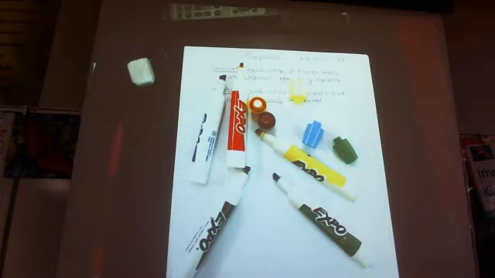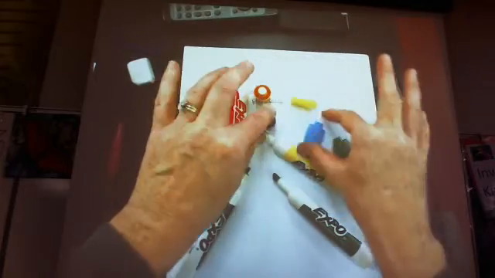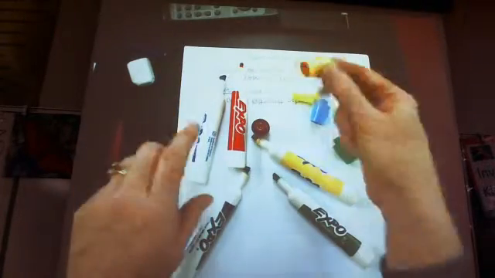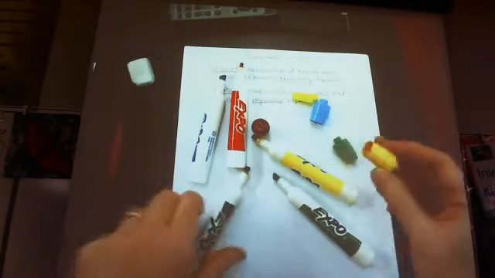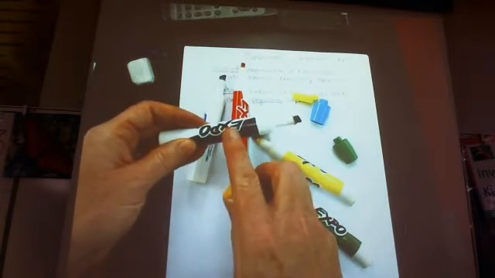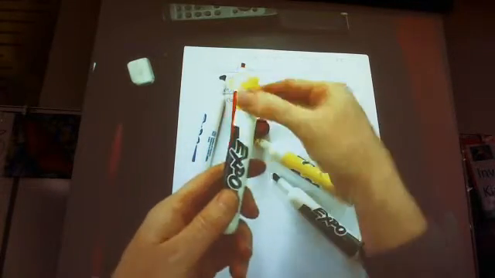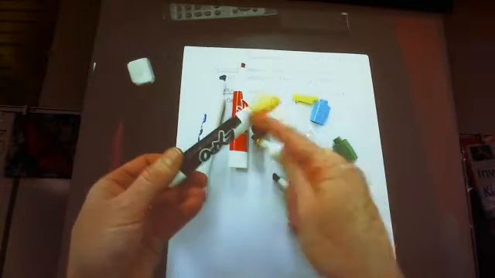Now, what happens is if they're chemically bound to each other, you can't just go in and easily move them apart. So let's say I want to show compounds. I've got a black atom and a yellow atom together now. They're chemically bound. That now is a compound. I can't easily just separate them. They're bound together.